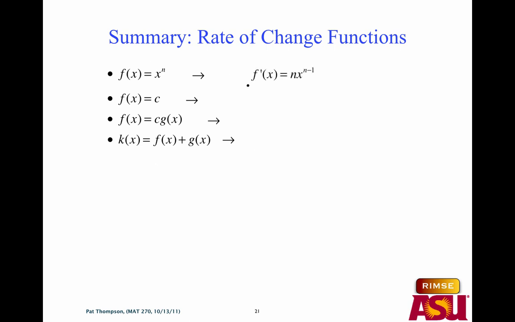These were the rules that we have now established, and the trick is going to be for you to start practicing using these rules to find exact rate of change functions.